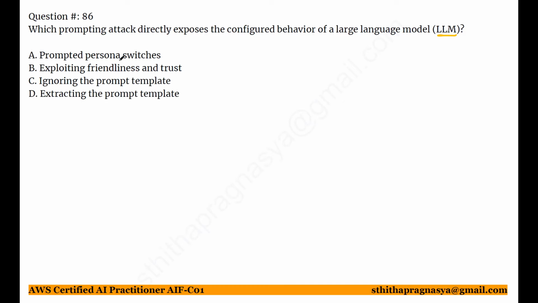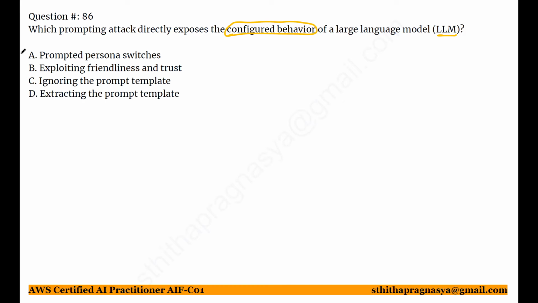Option A, prompted persona switches. This attack involves tricking the LLM into switching to a different persona or role that it wasn't explicitly programmed to adopt. While this alters the model's output behavior, it does not necessarily expose the configured behavior or underlying prompt template directly, which is what we are interested in.